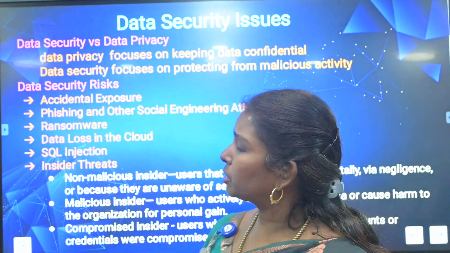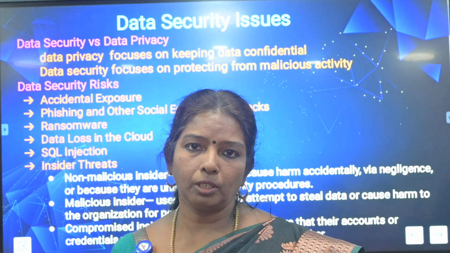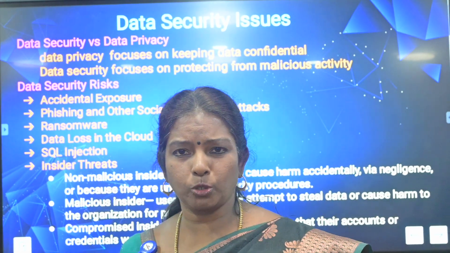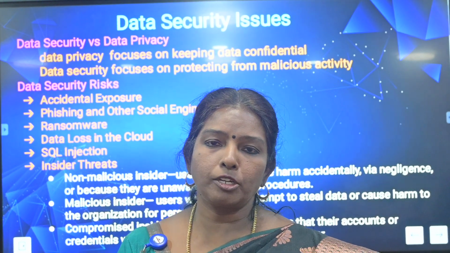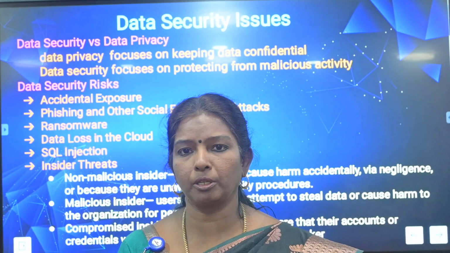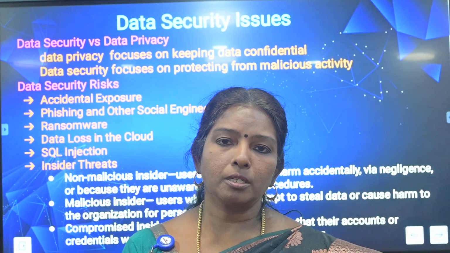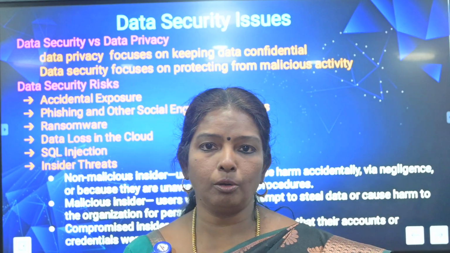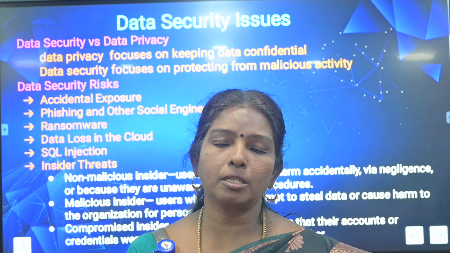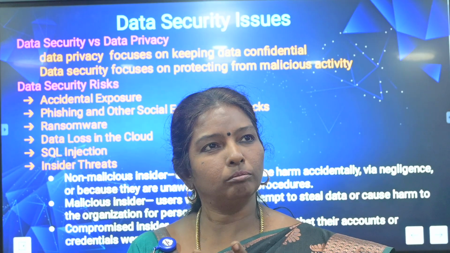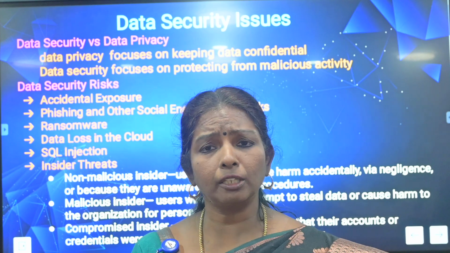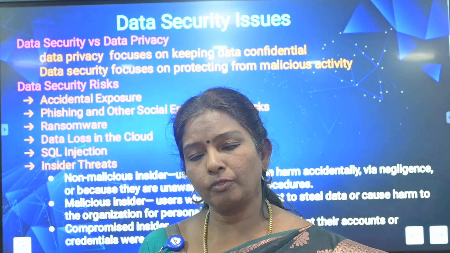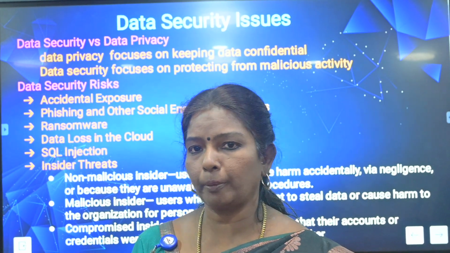So the various data security issues are, first, accidental exposure, in which I accidentally give the rights to some people to access the data. And phishing. Phishing is a cyber security attack in which some people try to trick me into revealing my sensitive information like ATM pins, passwords and other card information. This is intended by some private companies or private parties.